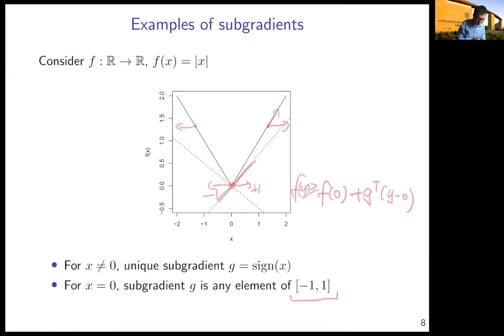And as we decrease g it suddenly becomes these, and when we set g to be 0, it gives us this line. So for all these linear approximations of this function at f equals 0, all of them are valid lower bounds of this absolute value function. That checks the condition, the definition of subgradient.